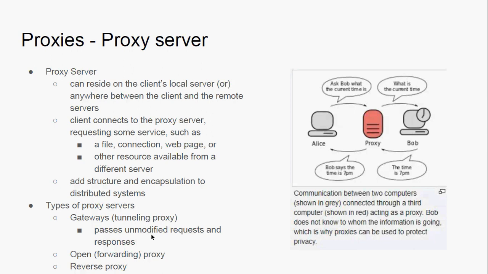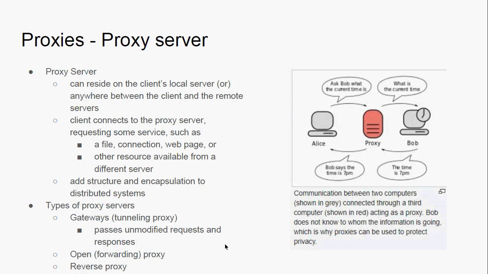There are three different types of proxy servers. One is a gateway, which is not really categorized as a proxy, but if you just want to do some tunneling of TCP, port 80 or 443, and you don't want users to call you directly, you can route through gateways or tunneling proxies.